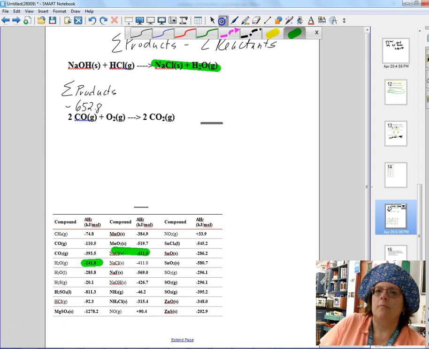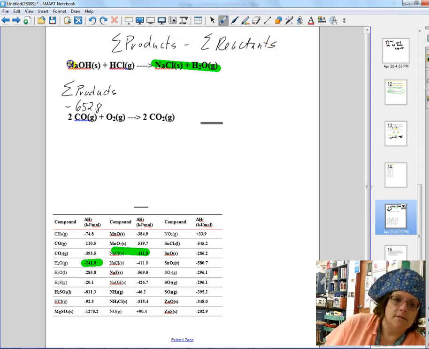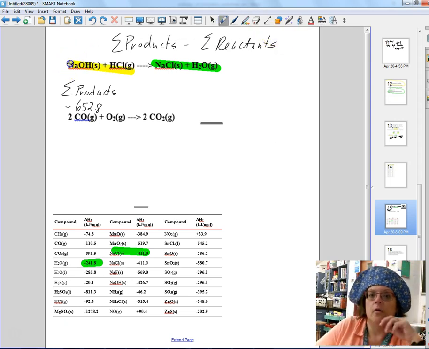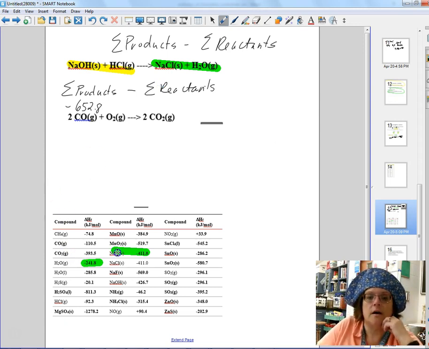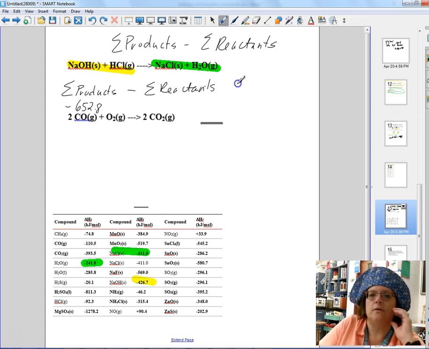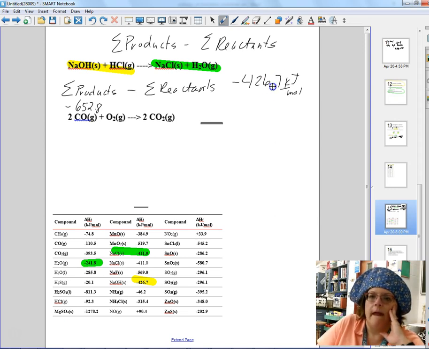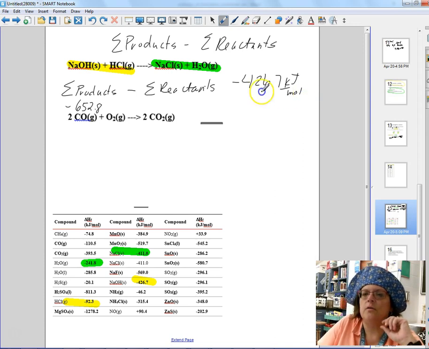Now my reactants, I have sodium hydroxide in the solid form and hydrochloric acid in the gaseous form. So here we go. Sodium hydroxide, NaOH, in the solid form is negative 426.7 kilojoules per mole. And our hydrochloric acid in the gaseous state is negative 92.3.